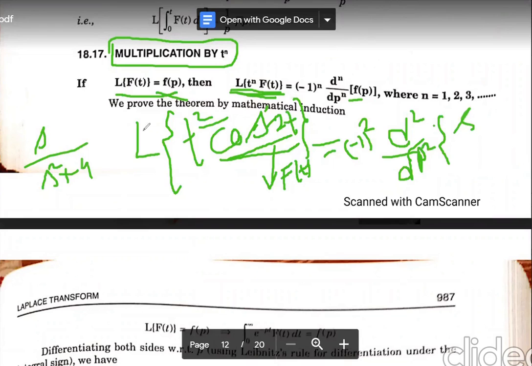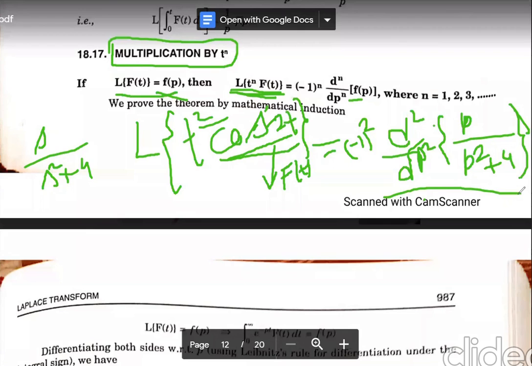Sorry, not s, it is p. So it will be p by p square plus 4. So just differentiate it with respect to p twice, and that will give us the required result.